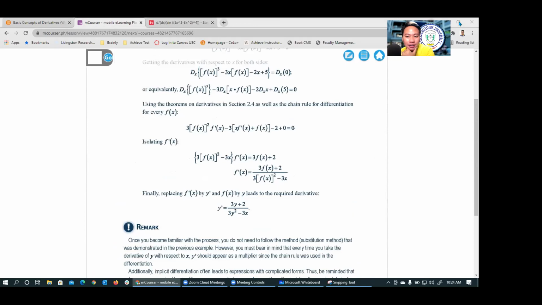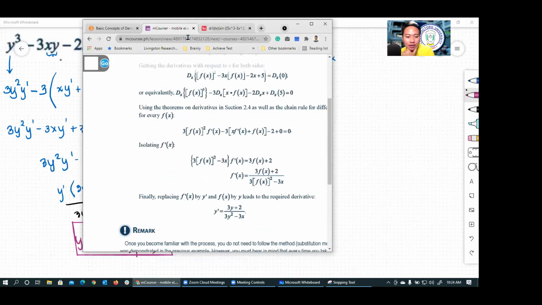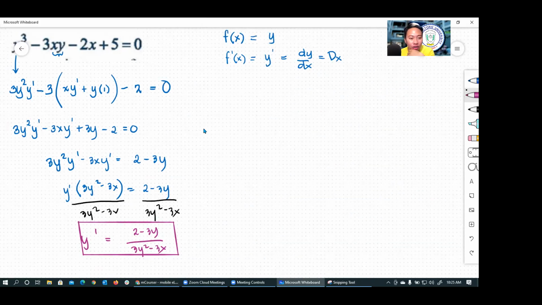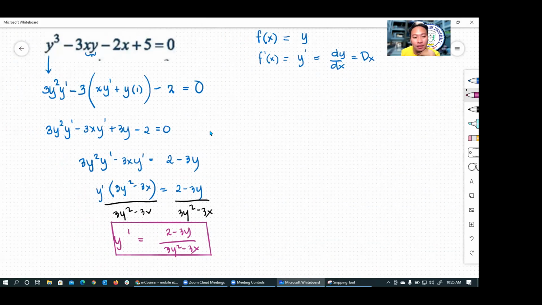Let me compare it if we have the same answer here. Oops, we have different answers. This is 3y plus 2 here. Okay, there's something wrong with this answer, no? When I distribute -3, guys, this should have been -3.